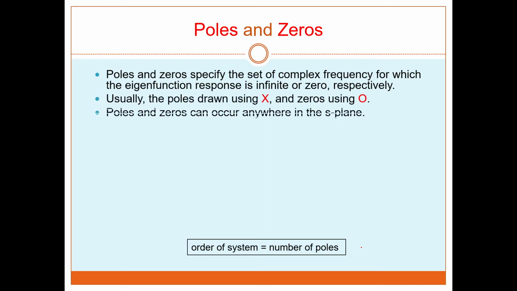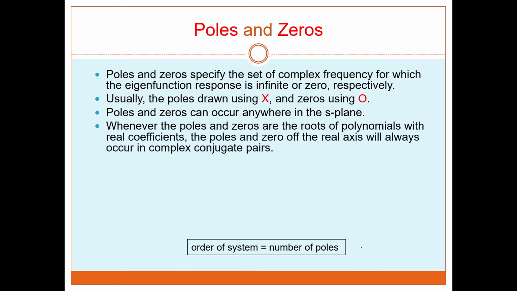Poles and zeros specify the set of complex frequencies, so we want to know what the eigenfunctions are. They are basically drawn in the s-plane with x for poles and circles for zeros.